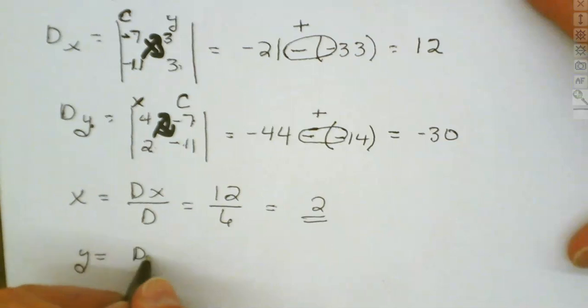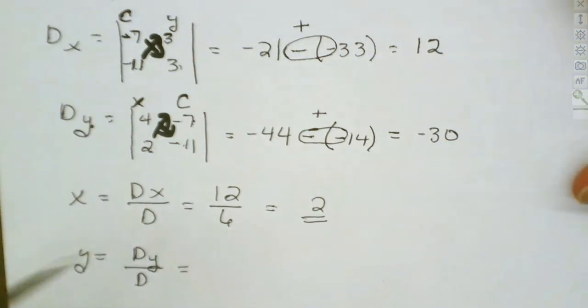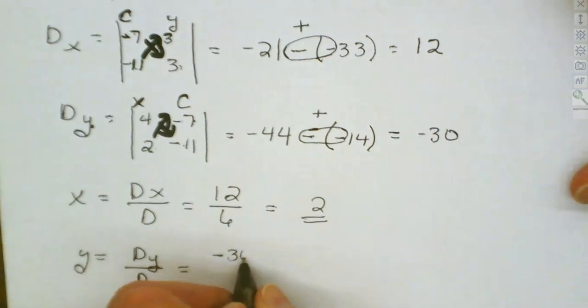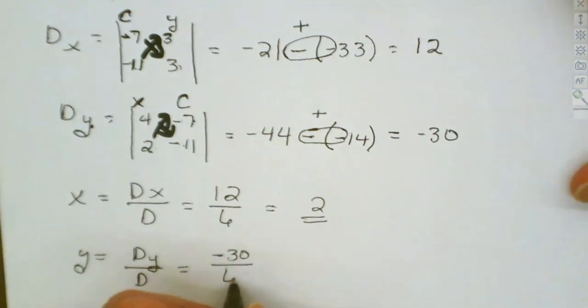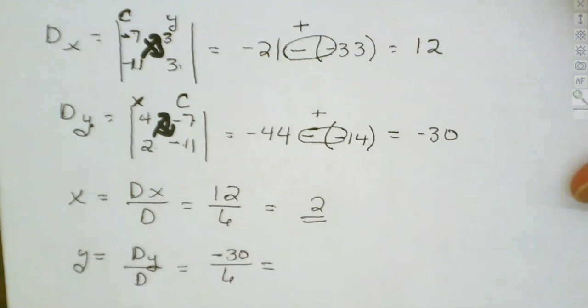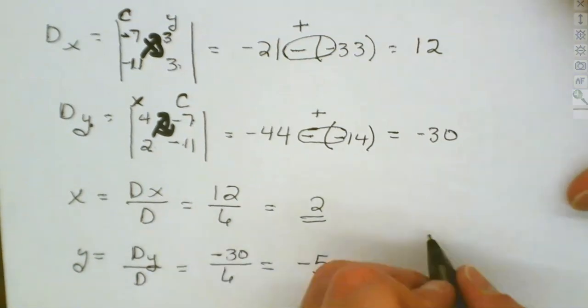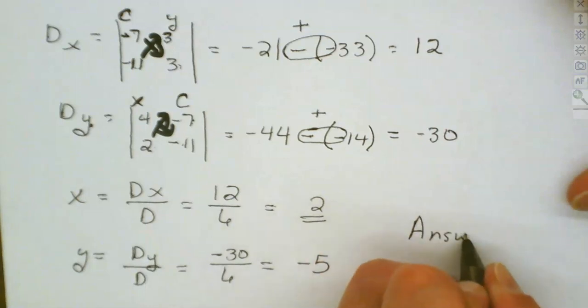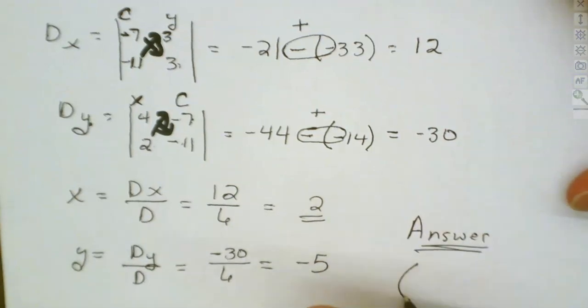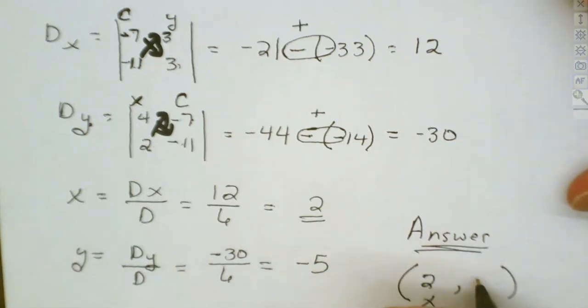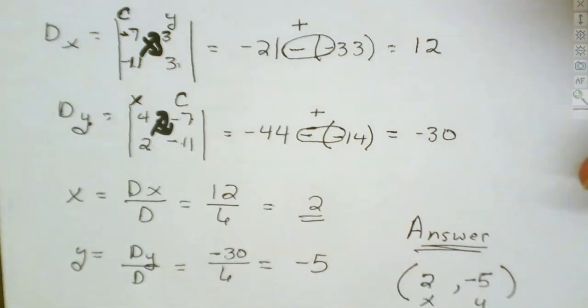Y is Dy over D. What did we find Dy to be? Negative 30. What was D? Positive 6. Divide them out. What do you get? Negative 5. What's your answer, as an ordered pair? Ordered pairs go x, y. So as an ordered pair, that should be positive 2, negative 5.